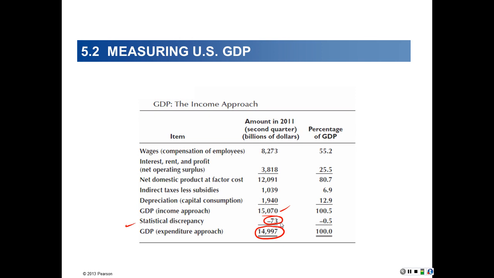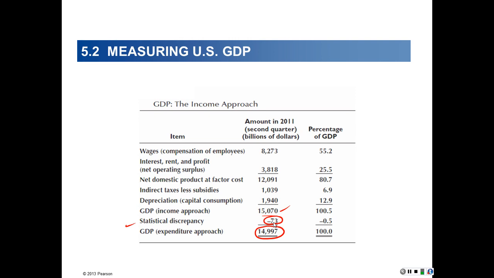This is an accounting device, so we had to subtract $73 billion from our gauge reading B adjusted upward for the 2 leaks. We had to remove $73 billion to ensure that the income approach gave us the same answer as the expenditure approach. Okay? Now, if you look at the other components here, what's the big item?